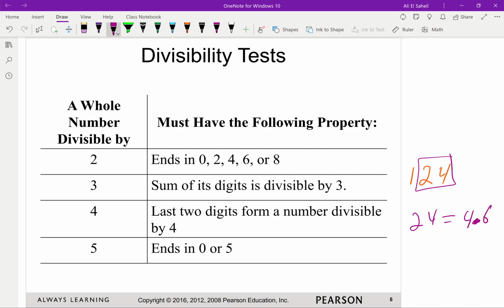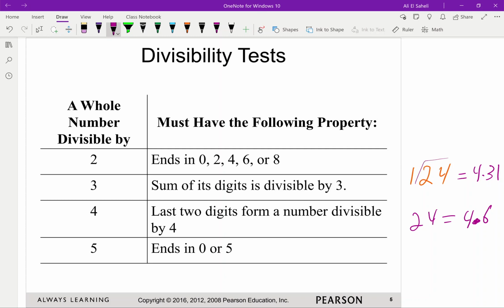So 24 is divisible by 4. So 124 is divisible by 4. 124 equals 4 times 31.